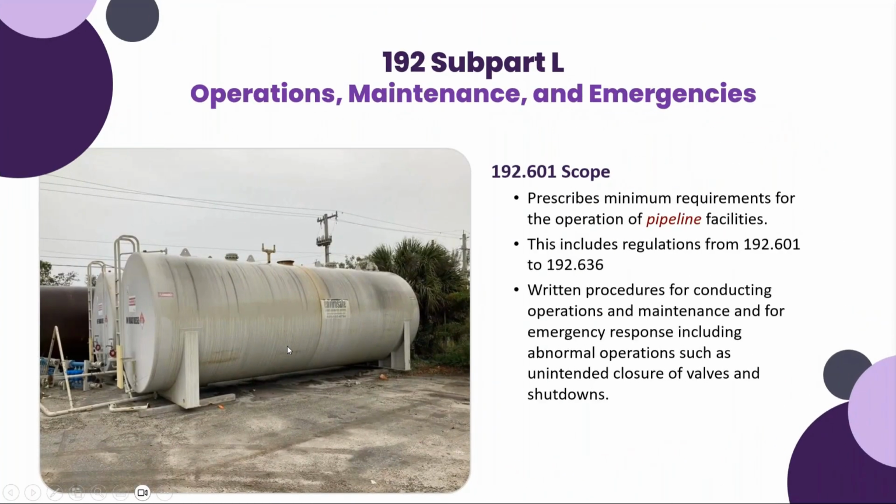As far as the regulations go for 192, and I'll get to 195, so hang on, guys and ladies, it prescribes the minimum requirements for the operation of the pipeline facilities. Of course, we should have written procedures, which are the O&M, and also emergency response. And what's that about?